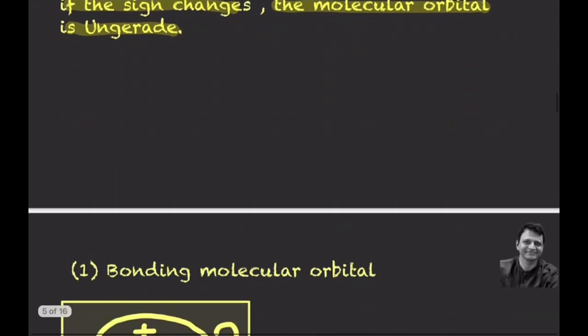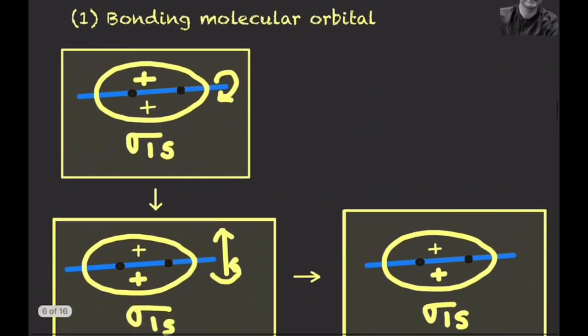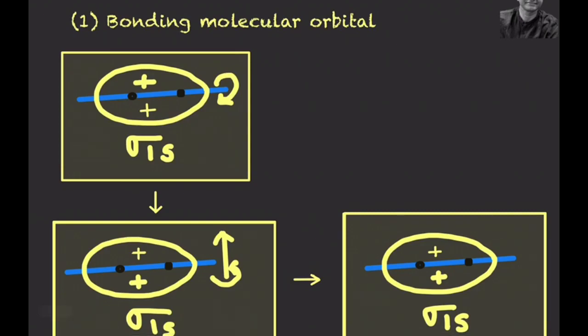So again, we are taking an example to explain this. This is the sigma 1s bonding molecular orbital. Everywhere I have made 2 positive signs, one at the top and one at the bottom, to show that I have taken the lower one as a thin positive sign and the upper one as a thick positive sign. If I rotate this about the internuclear axis by 180 degrees, this lower thin plus sign will go up.